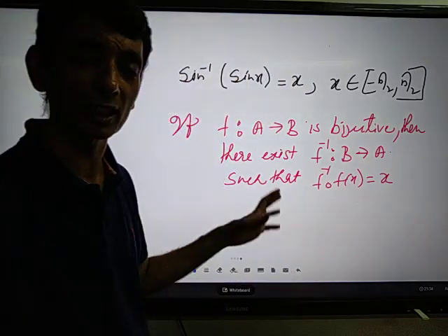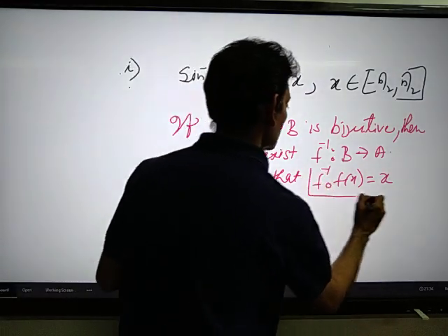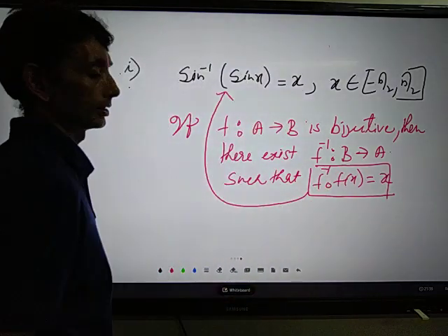Is it not very interesting, this property? And with the help of this property, this can be proved easily.